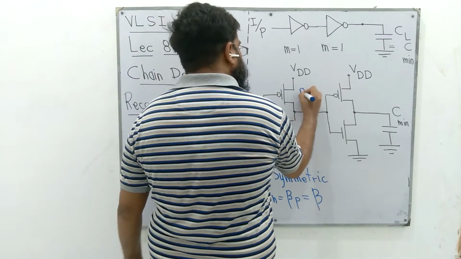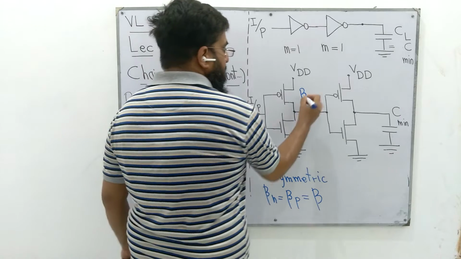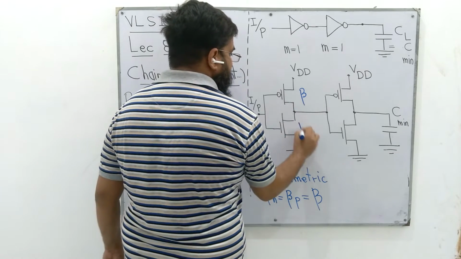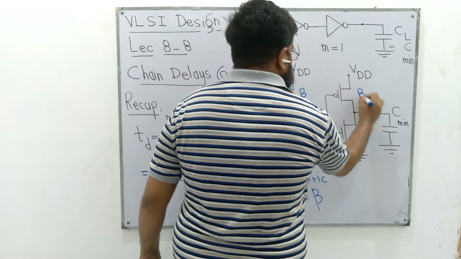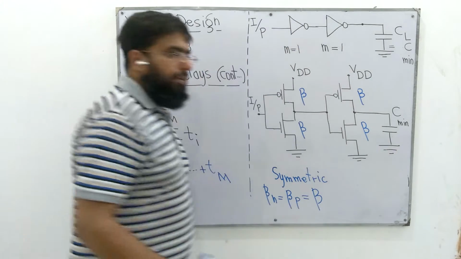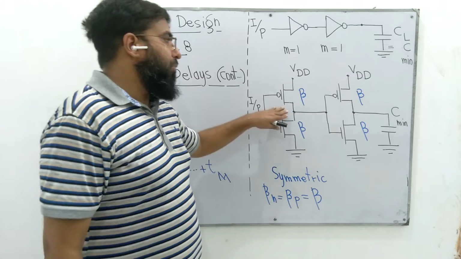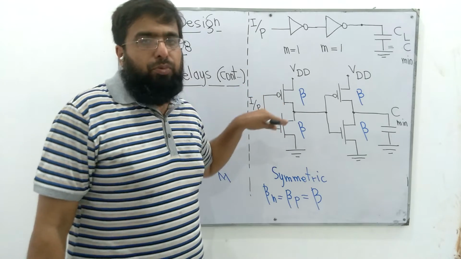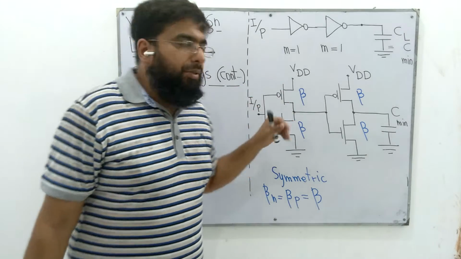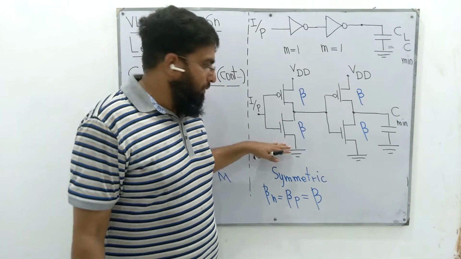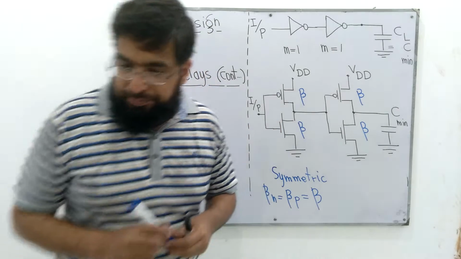So this has the device transconductance beta, beta, and this is also beta. It's a symmetric NOT. This also means that PMOS is r times larger compared to NMOS, so that the betas are the same.